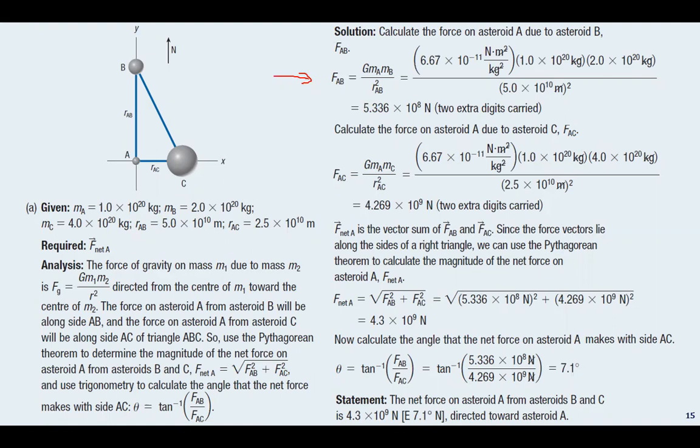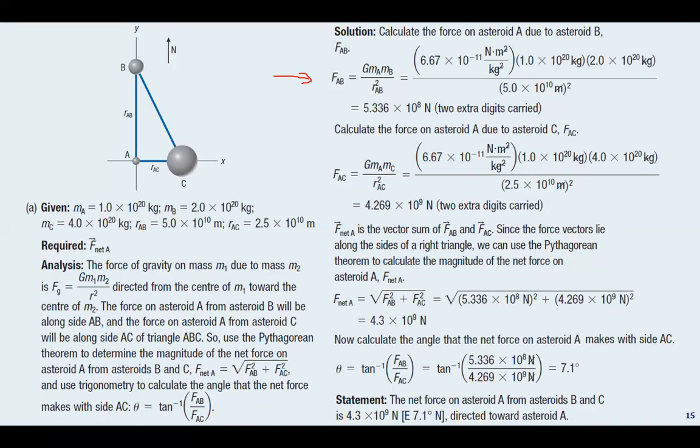Then, using the same method, we can also calculate the force on asteroid A due to asteroid C, denoted by FAC. Again, put all the values in, we have FAC is approximately 4.269 times 10 raised to the power of 9 newtons.